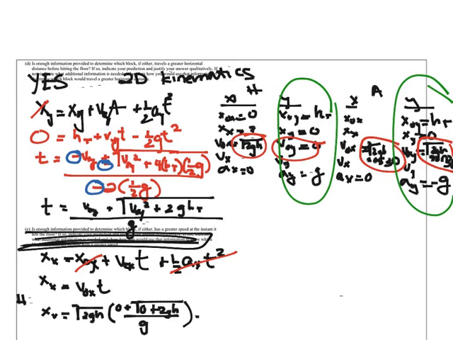Okay, and if I do a little bit of algebra, that will turn out to be 2g h over g, which is just 2h.